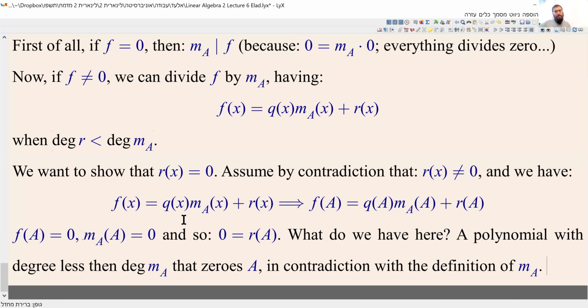So R must be 0, and when a polynomial is zeroing A, it must be divisible by M_A.